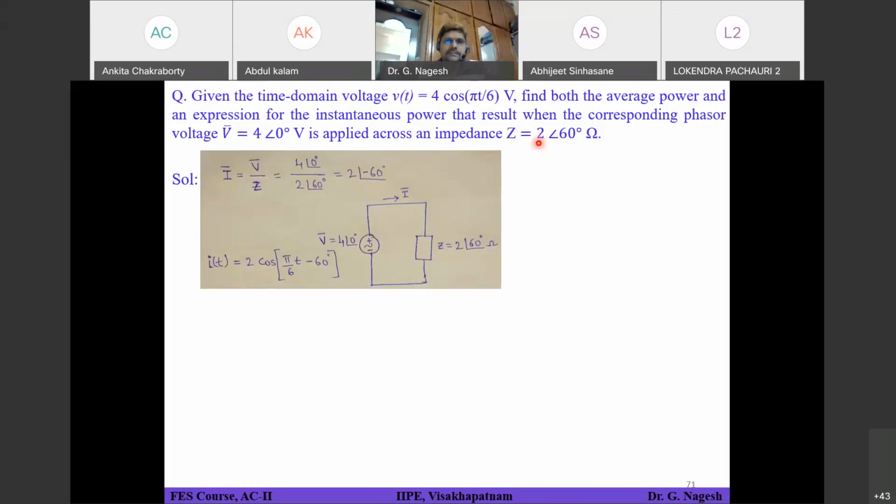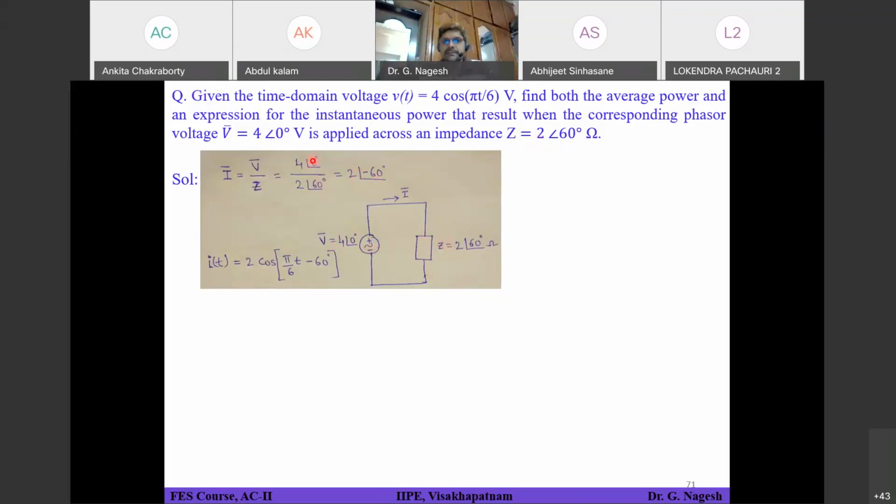First, the voltage was given in phasor form, and the corresponding impedance I have connected. So I can find the current phasor: V divided by the impedance Z, 2 at an angle of minus 60.